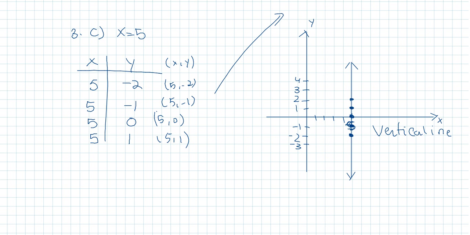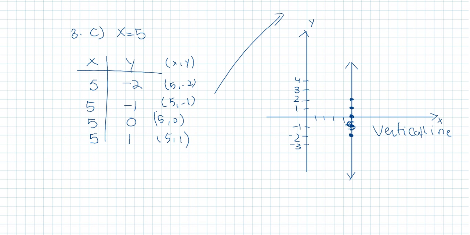But the difference is it's not vertical, it's not horizontal, this is a diagonal. But the specification for this line is a vertical line. So whenever your equation looks like x equals something, that means it's a vertical line that passes through x equals, in this case, 5.